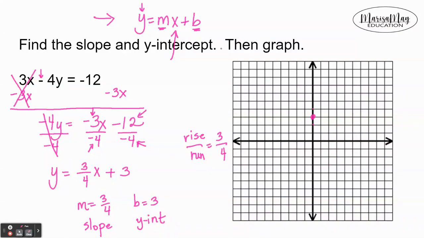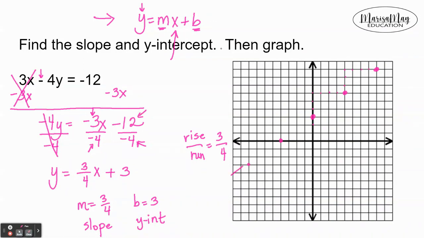So rise 3, 1, 2, 3, run 4, 1, 2, 3, 4. Do it again. Rise 3, run 4. And when you do this with your slope, you can see the pattern, and then you have your points that you need to draw your line.